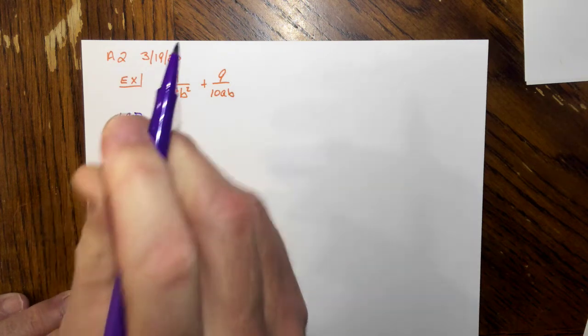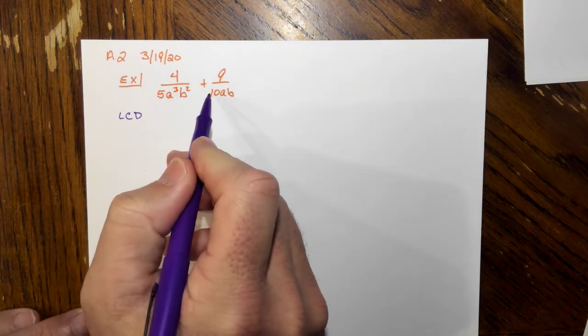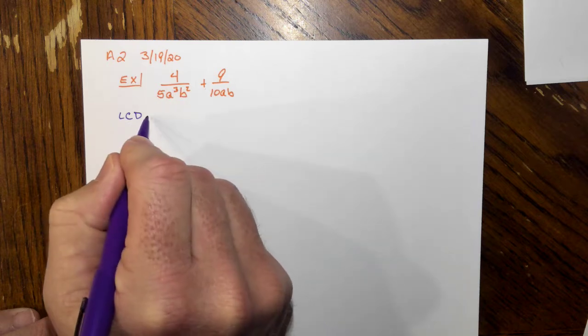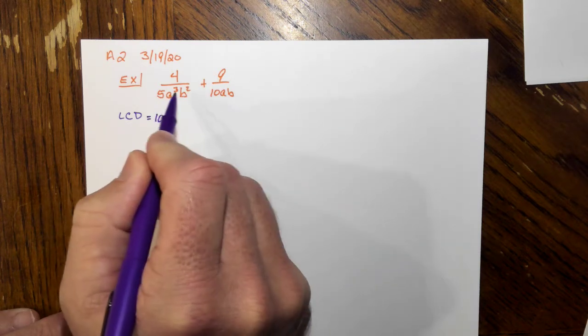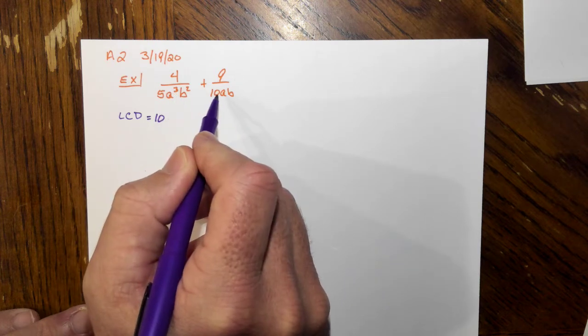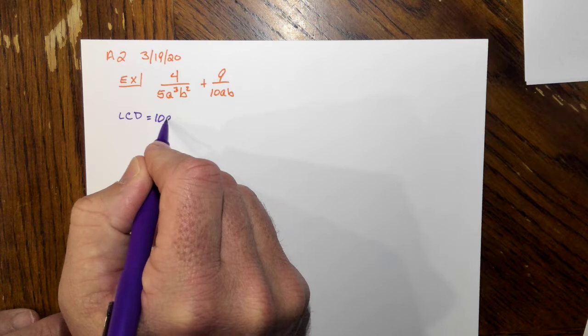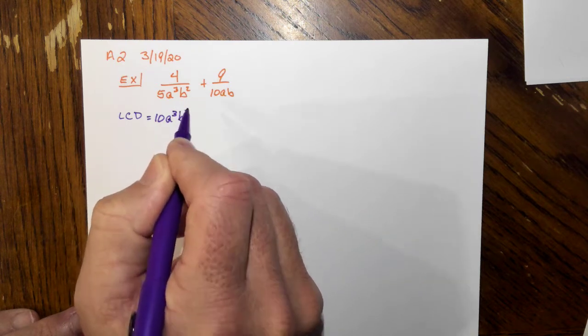And from our previous examples, some of these things you don't have to break all the way down. What do 5 and 10 both go into? We know it's 10. Variables, we're going to use the highest power of each one. Now notice these are monomials, so I didn't have to use factoring patterns. So a to the third and b squared.